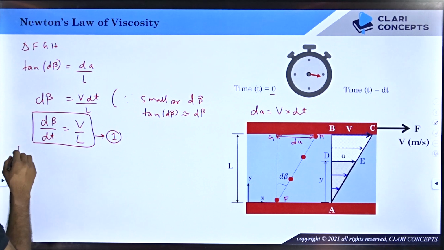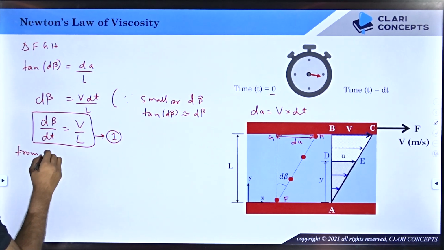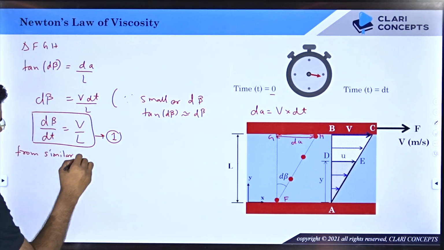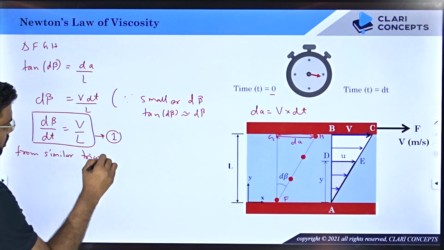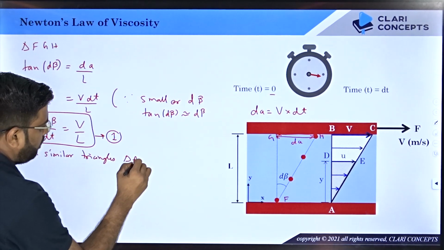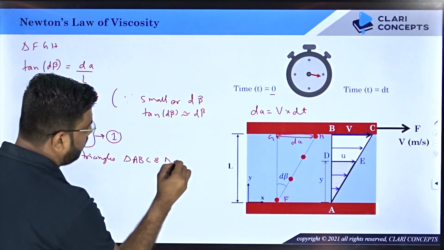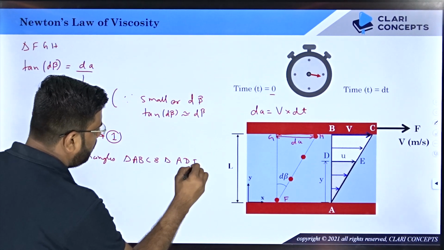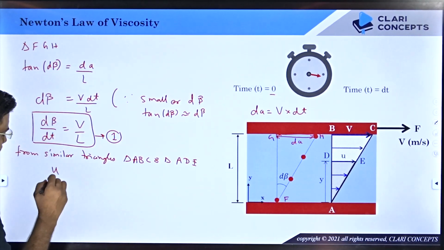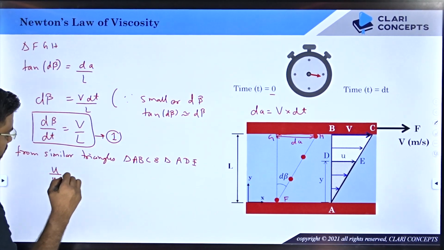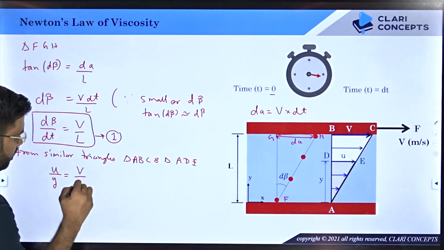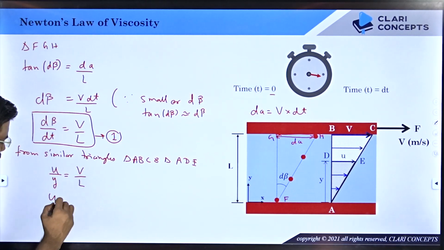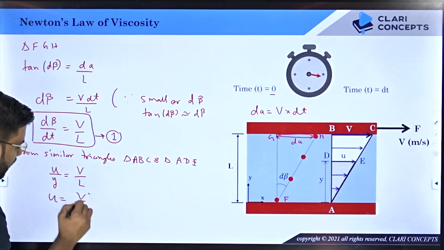So from similar triangles, triangle A, B, C and triangle A, D, E, I would say U divided by Y is equal to V divided by L. So you will put Y on the right hand side, you will get U is equal to V by L into Y.